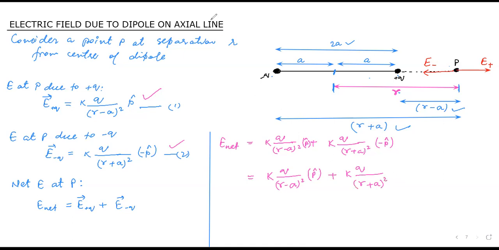When you multiply this minus sign with this, then you get a minus sign here, and this is now plus P. Finally, if you take the common K into Q and unit vector of P, then in the bracket you get 1 over (R minus A) square minus 1 over (R plus A) square.